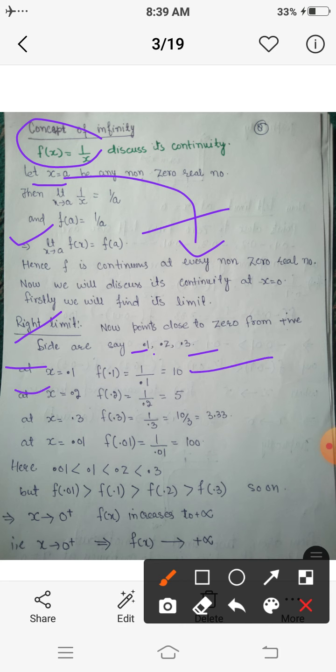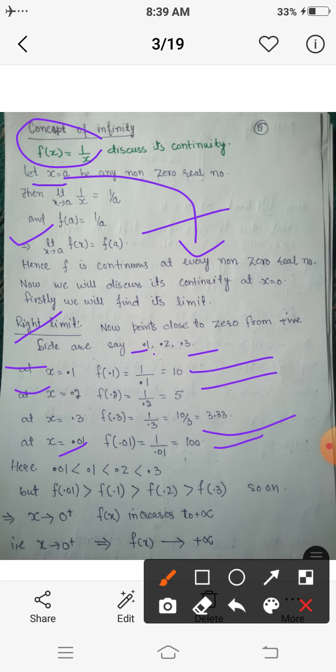Now f of 0.2 is 1 upon 0.2, that is 5. f of 0.3 is 1 upon 0.3, which is simply 3.33. If we consider points much closer to 0, that is 0.01, the value is 100. If we consider 0.001, the value is 1000. Similarly, for 0.0001, the value is 10,000, and so on.